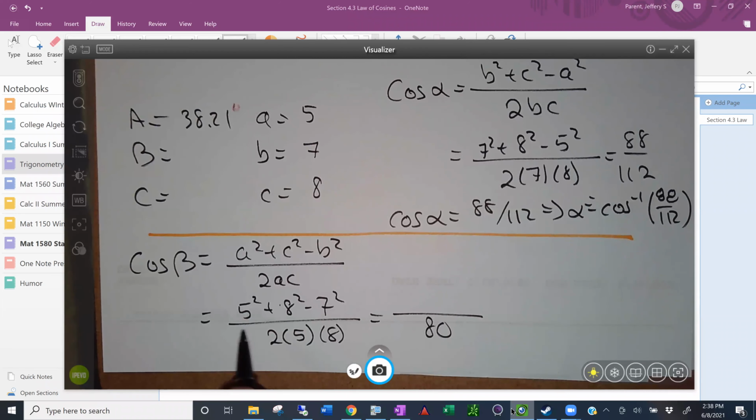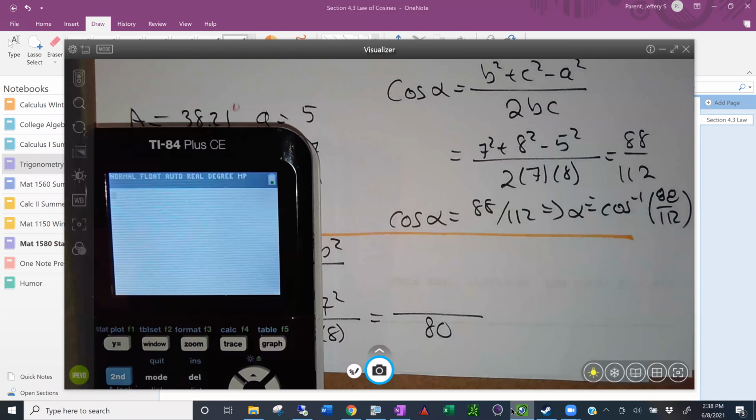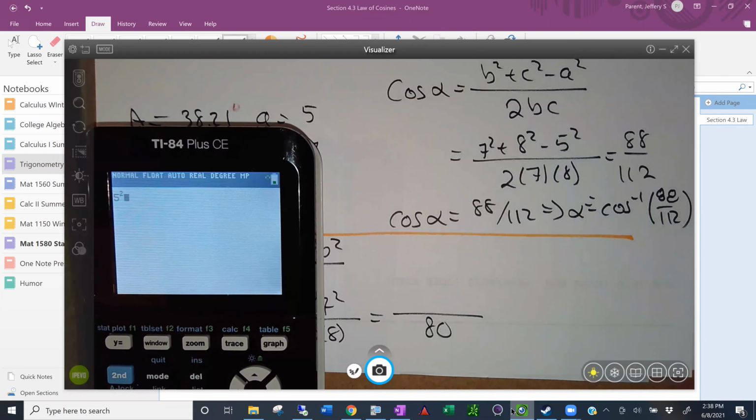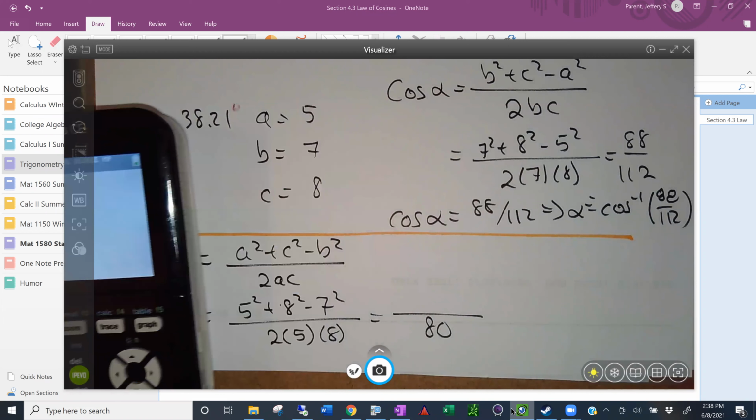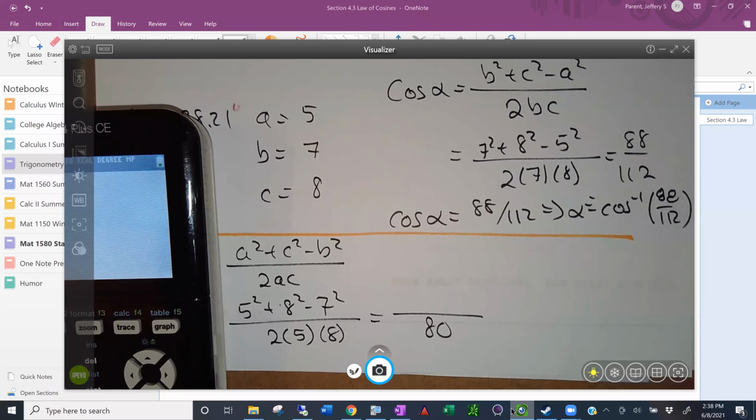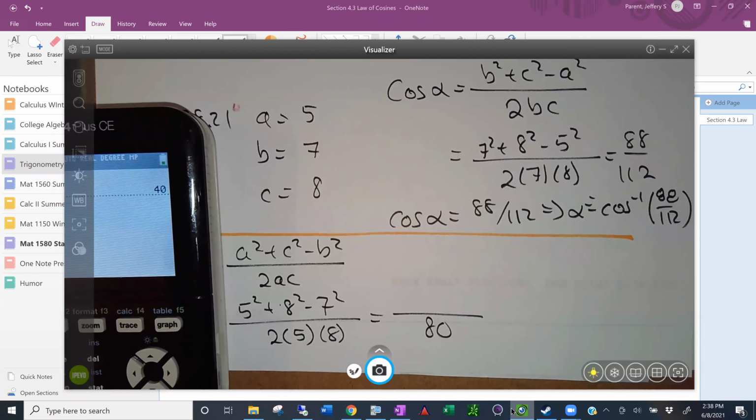In the numerator, 25 and 64 is 89 minus 49 is, oh, it's 40, right? Let's just double check that. It seems like it works out too nice. 5 squared plus 8 squared minus 7 squared, 40. Wow.